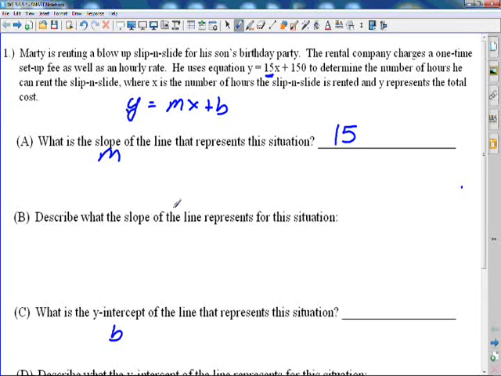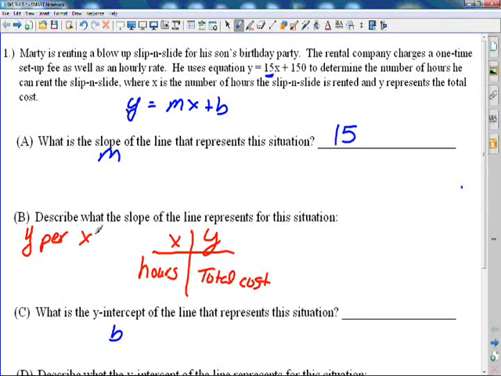Now it says describe what the slope of the line means or represents. Y per x is what we've told you to start with. But the thing is, what is y and what is x? Well, if I made a table here and added in my x and my y, it says my x is the number of hours, and the y is the total cost.